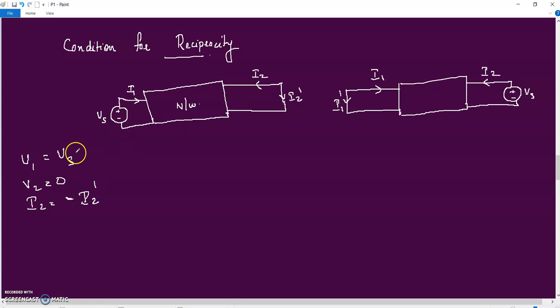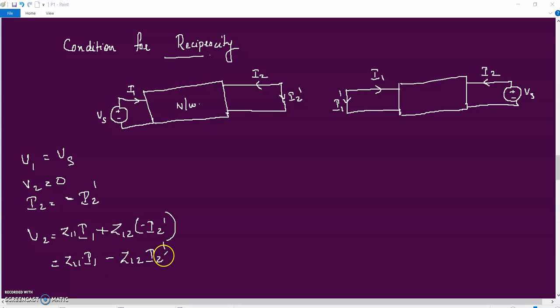So we can write the first equation of the Z parameter, V1 is equal to Z11 I1 plus Z12 I2. I2 is minus I2 dash. So we can write this as Z11 I1 minus Z12 I2 dash. Okay, this is the first equation.